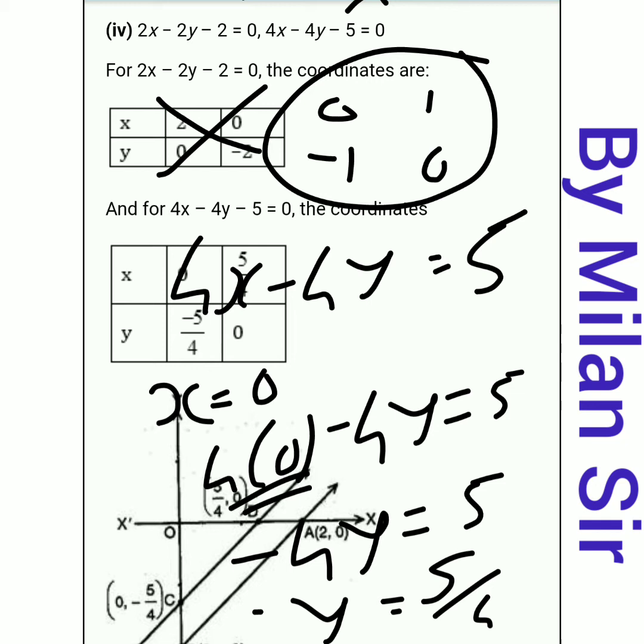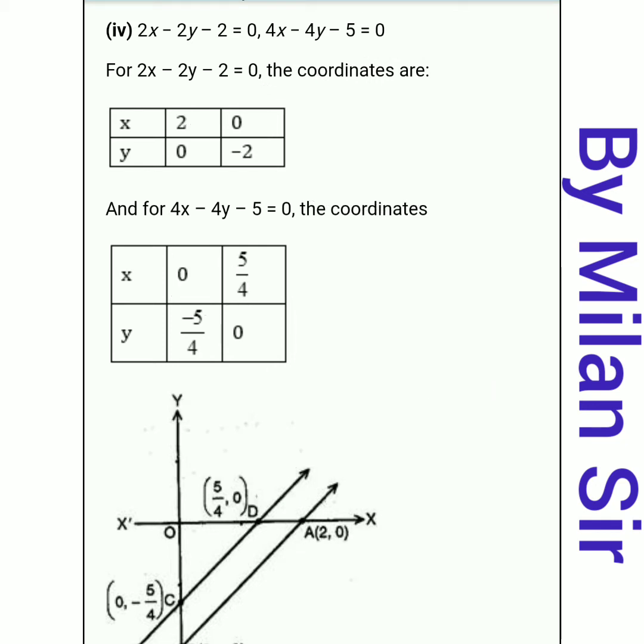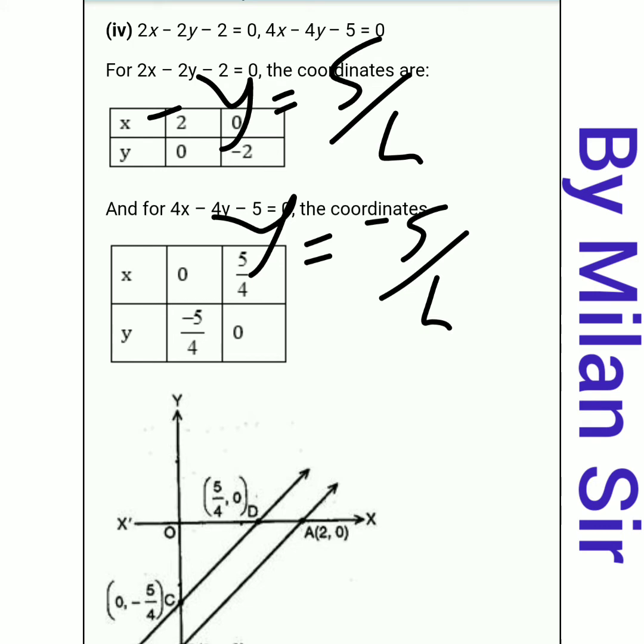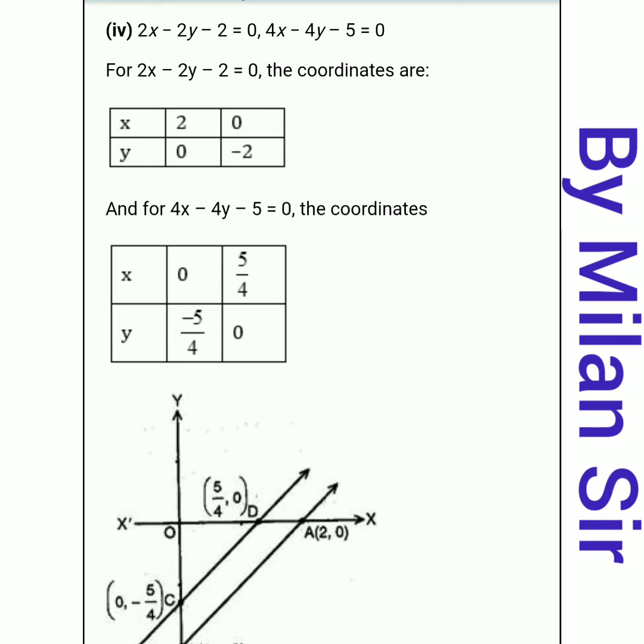So minus y is equal to 5 by 4, and transferring the sign, y is equal to minus 5 by 4. So our first point, if x is equal to 0, is y equal to minus 5 by 4.